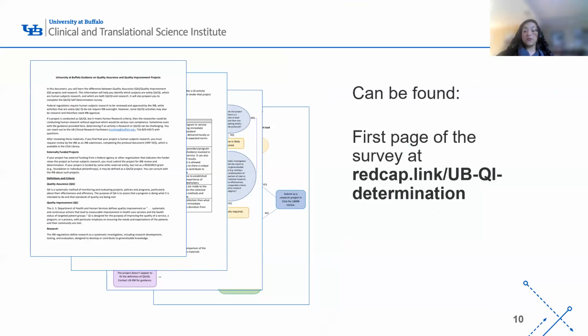It should be read before completing the self-determination survey. I recommend downloading a copy and keeping it for your own reference, and reading it as needed. It's found on the first page of the survey that is redcap.link/UB-QI-determination.